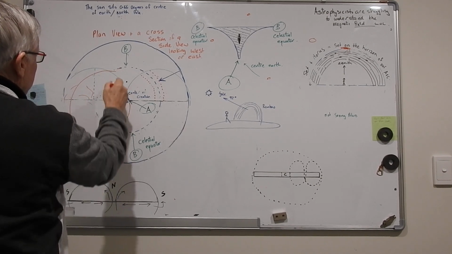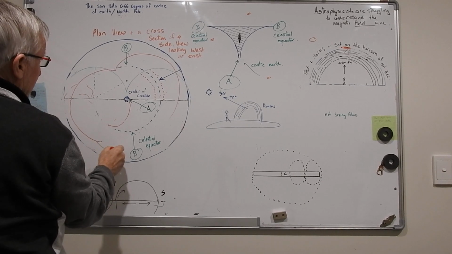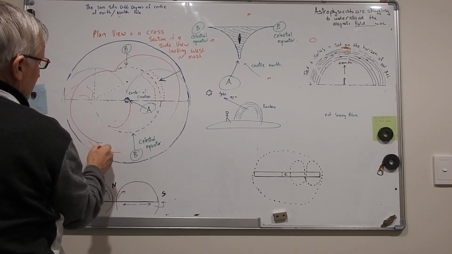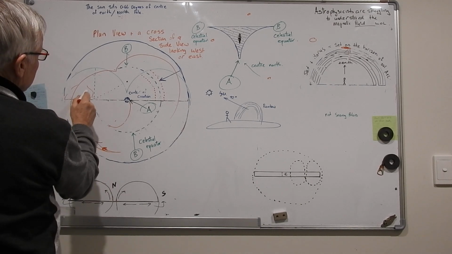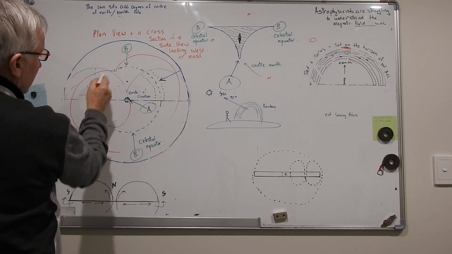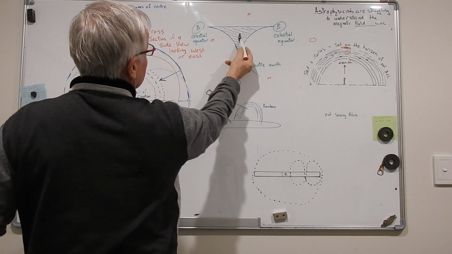It disappears and then it comes back out to the same spot. It ended up down here where you saw it the night before. It's going in to the tropic region here because it's going into the centre.